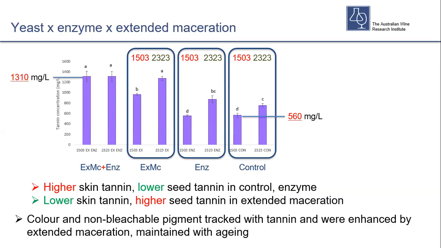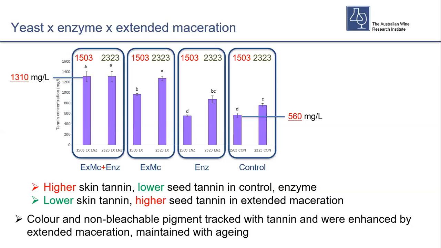Extending the maceration significantly increased tannin extraction for both of those treatments, but it wasn't as significant for the 1503 yeast. But interestingly, when we included enzyme and extended maceration, the 1503 and 2323 had very similar tannin concentrations, which again points to the potential for pectolytic activity in that 2323 strain, which was mentioned in the previous trial.